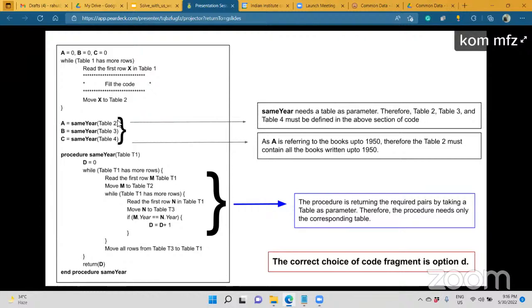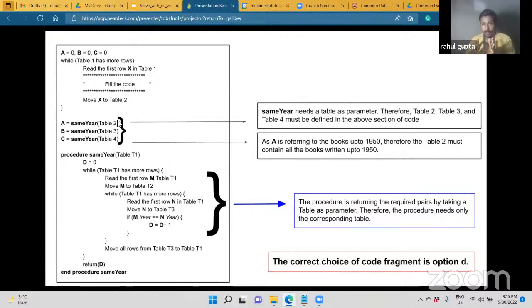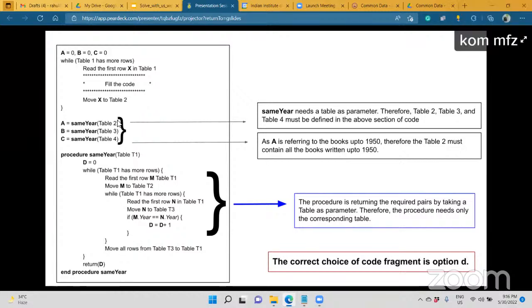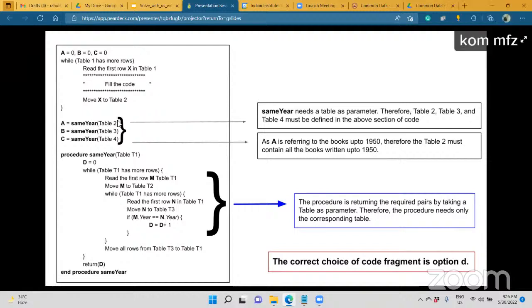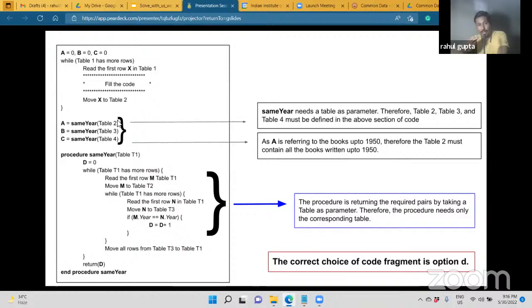I will have one common property which is asked in the question, right? So I have binned the whole table into three tables: table 2, table 3, table 4, right? So I'm taking a table in the procedure. Now I'm initializing d as 0.